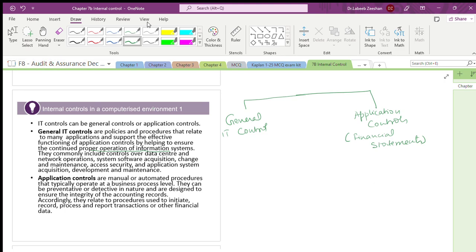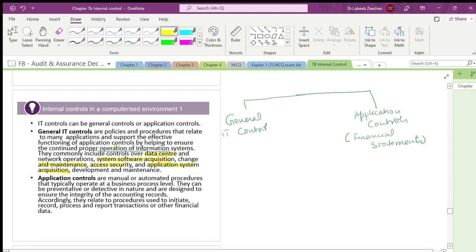What are the general IT controls? General IT controls are in terms of data center, systems software acquisition, change and maintenance, security, and most importantly, application systems acquisition. These are general IT controls.